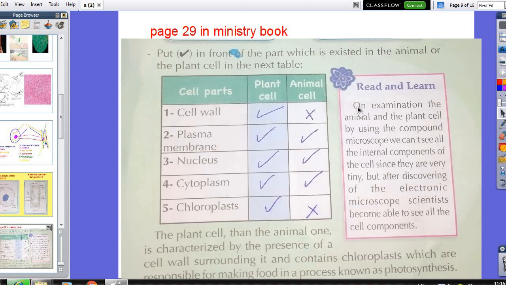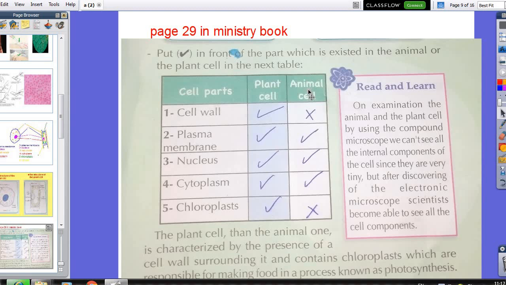Okay, here is a comparison between the plant cell and animal cell. If I speak about the cell wall, it occurs only in the plant cell, and the animal cell doesn't contain a cell wall. The plant cell contains plasma membrane, nucleus, cytoplasm, chloroplasts.